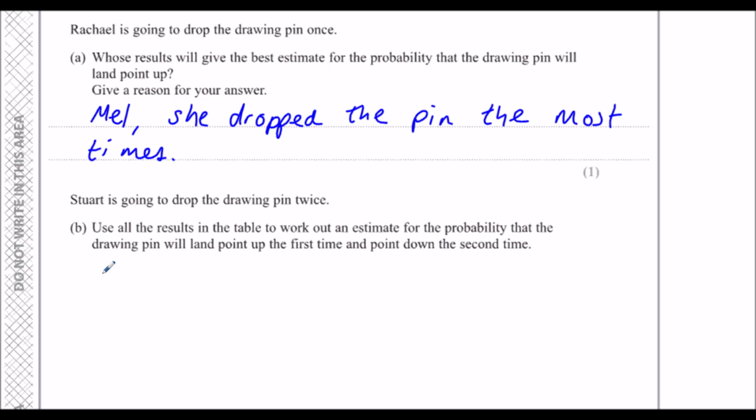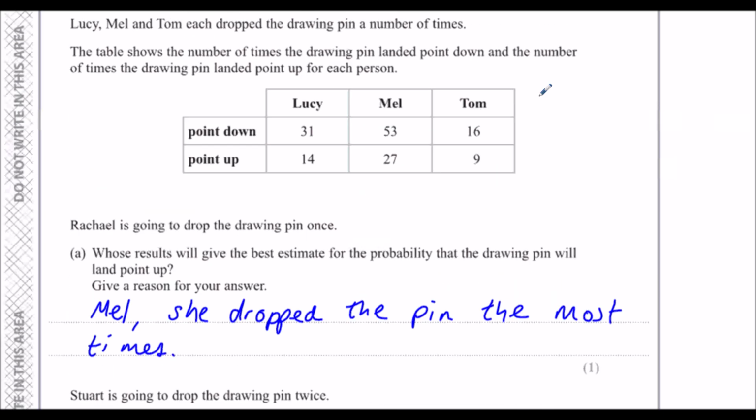Stuart is going to drop the pin twice. Use all the results in the table to work out an estimate for the probability that the drawing pin will land point up the first time and point down the second time. So all the results in the table. We're going to do a total. So 31 plus 53 plus 16, that's 100.